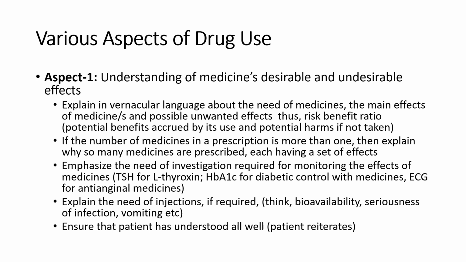We have to explain in vernacular language about the needs, the main effects and the main unwanted effects, so that risk-benefit ratio, what are the potential benefits and what potential harms which can be accrued during drug intake. If the number of medicines in a prescription is more than one, then each medicine should be explained in this way, so that patient has an understanding of how to take it.